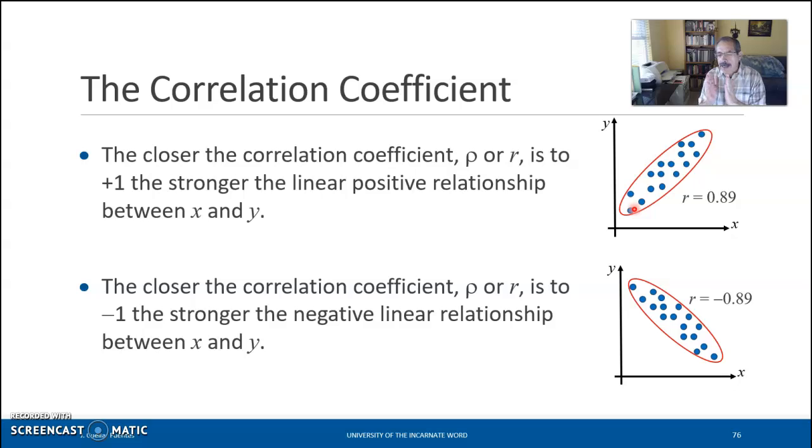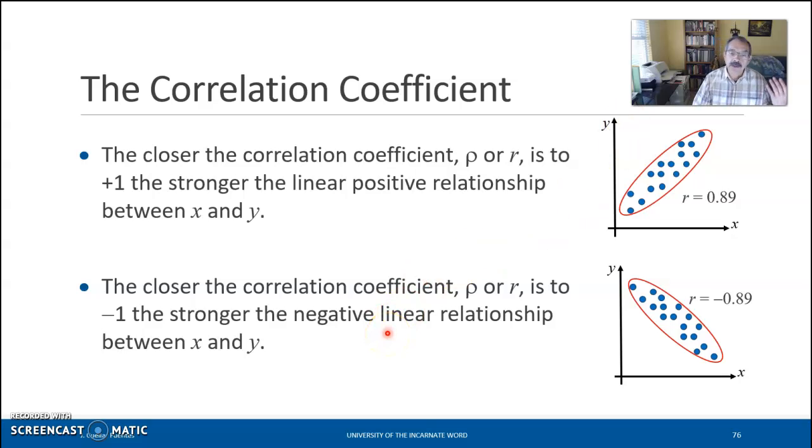The narrower that ellipse is, the skinnier it is, the higher the correlation coefficient. For example, in this particular case, the correlation coefficient is 0.89. And we call it a positive linear relationship because as x increases, y increases.